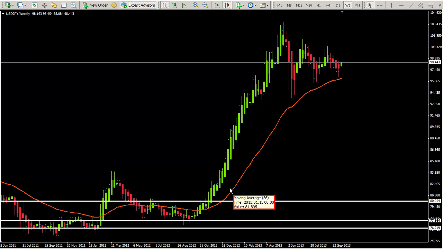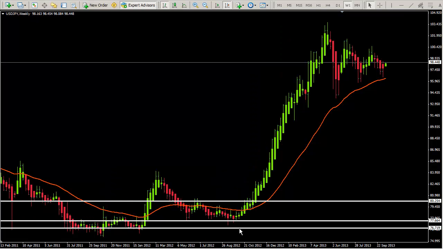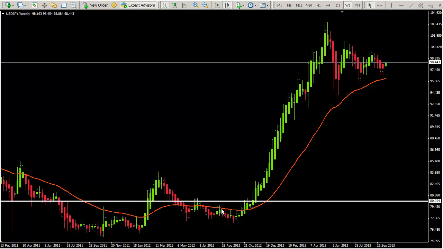No, you only draw the horizontal support and resistance lines close to the price level. If the price is up here, you're looking for resistance and support close to this area. Right now we are just practicing. Okay, I think everybody understands that.